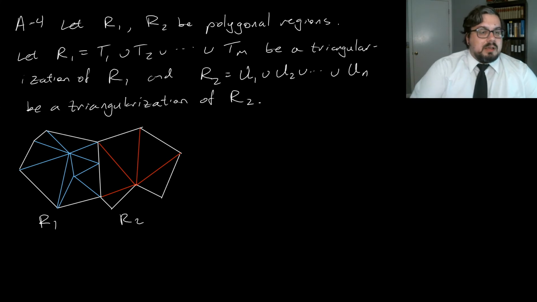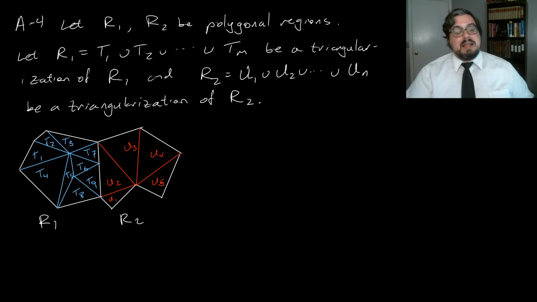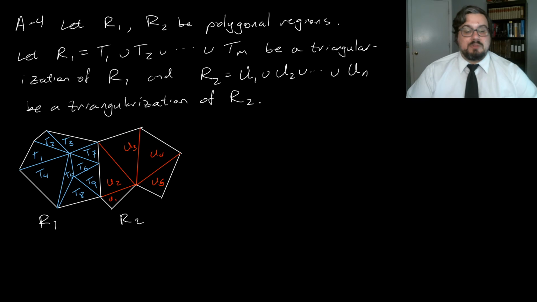So our first impulse would be to say that we can use the triangles from R1 and R2 to get a triangularization of the union of R1 and R2. And we almost can. We need to be a little bit careful here. At least in the way that I've sketched it out here, this is not technically a triangularization of R1 and R2.